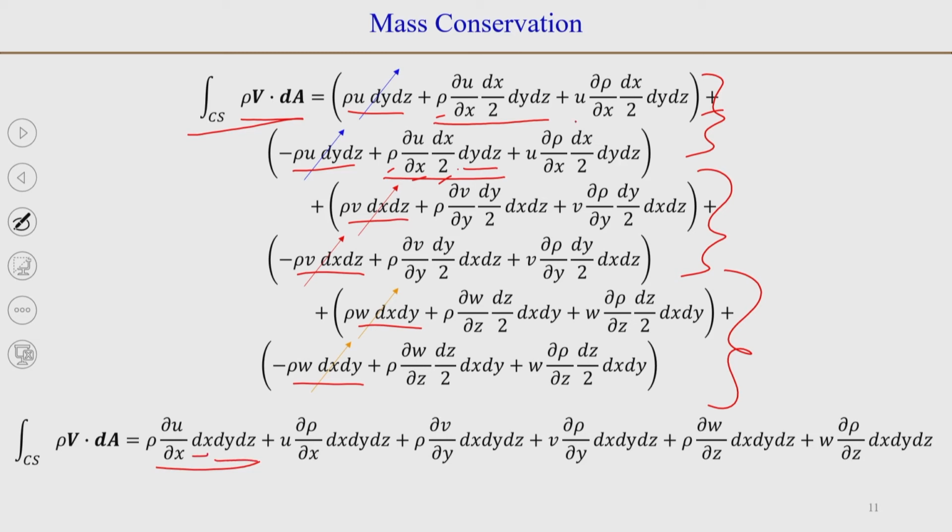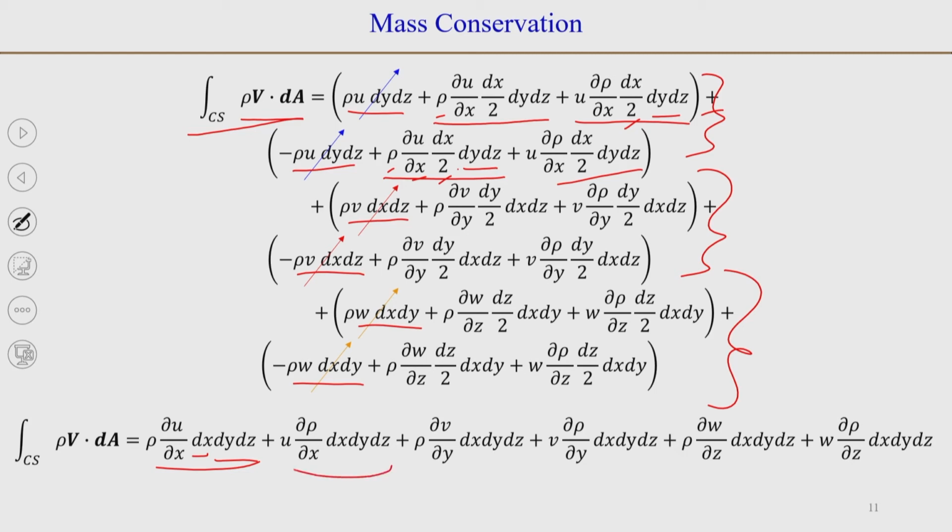Similarly, the next term, which is u ∂rho/∂x into dx by 2 dy dz in both the places, the other components being the same. So, you will have dx by 2 plus dx by 2 will become dx.